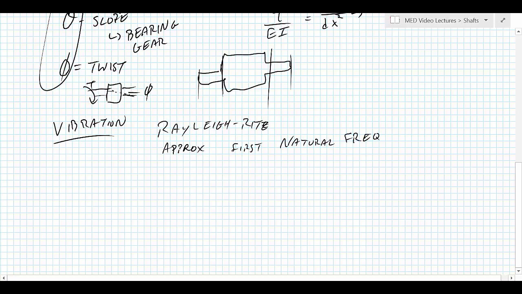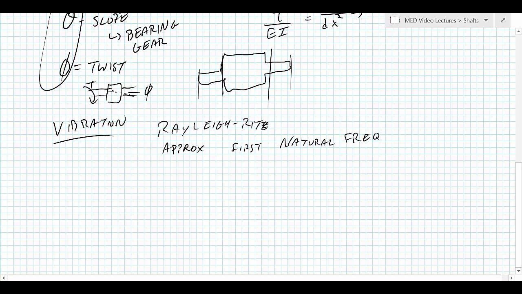As you rotate a shaft, as it has a higher and higher RPM, at some point it can get to a natural frequency, and when that shaft and the loads that it's carrying reach a natural frequency, it is going to experience excessive vibration.